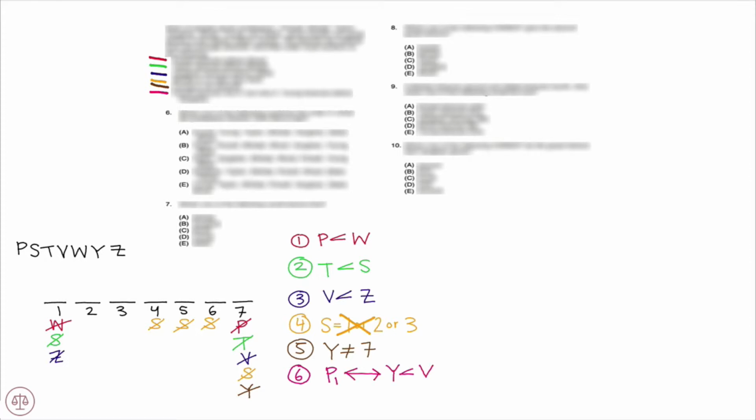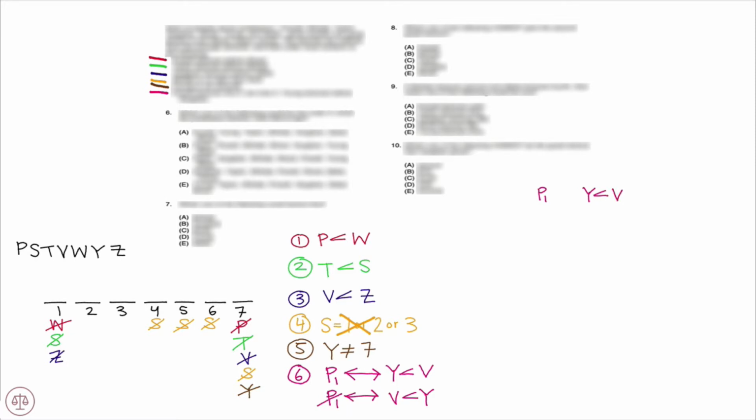We can write our contrapositive: if P is not first, and since this is a double arrow, it doesn't matter if we're switching it because the double arrow switches it for us anyways, then V is before Y. Now, rule number 6 is really important because it gives us 2 options of P either being first or P not being first. So if P is first, then we know that Y is going to be before V.